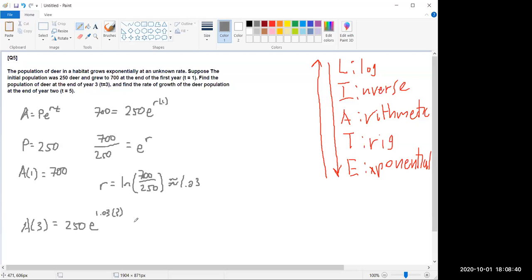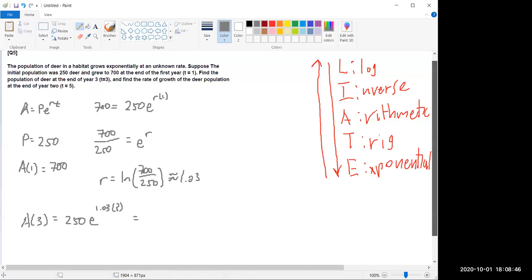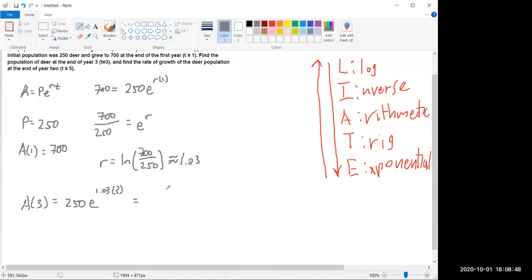So this equation will give you the population at year 3. And then someone with a calculator, can they just tell me what number they get? 5488. Okay. Deer.